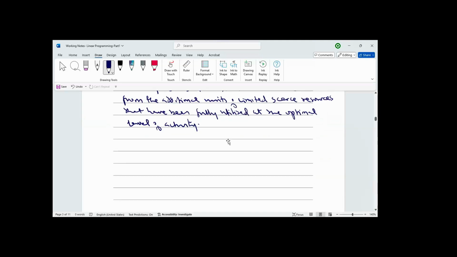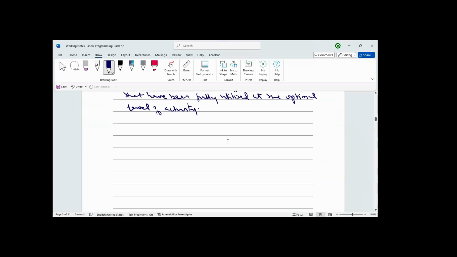What are the methods of determining shadow price? We have the dual method. Then 2, we have increase the number of constraint by 1.